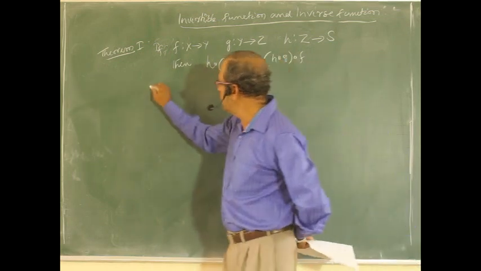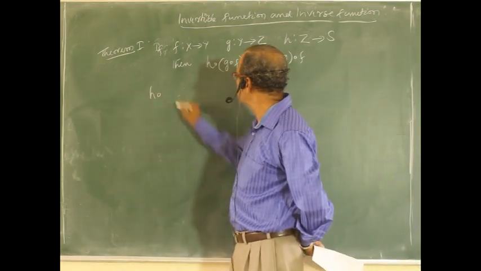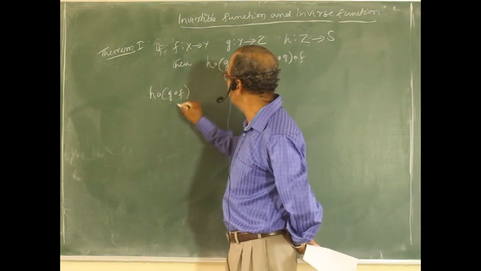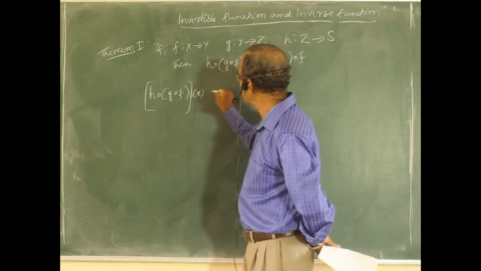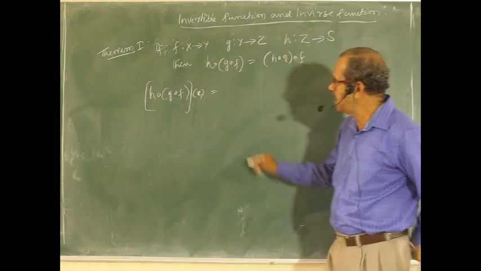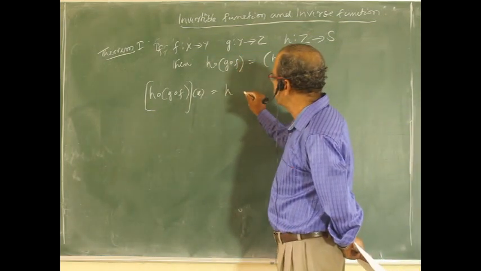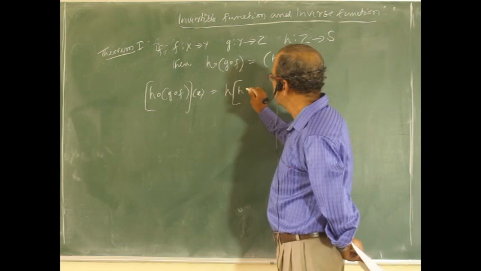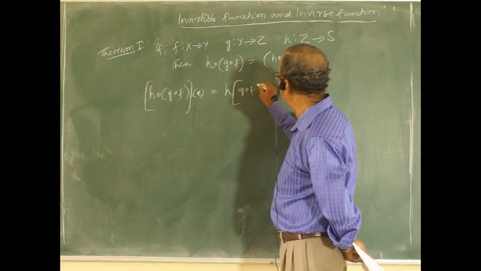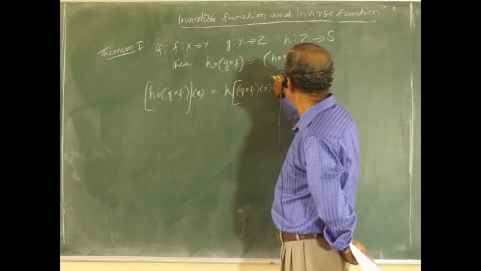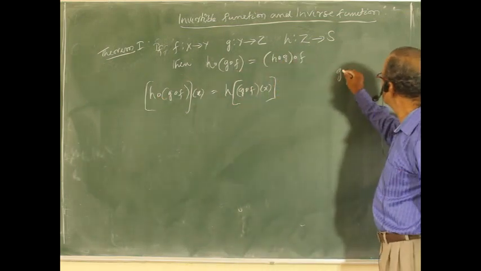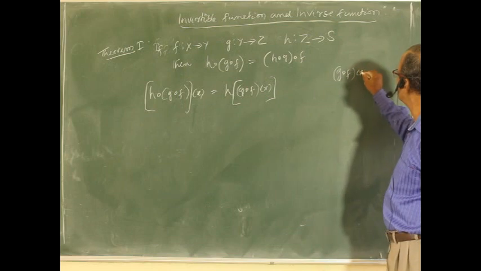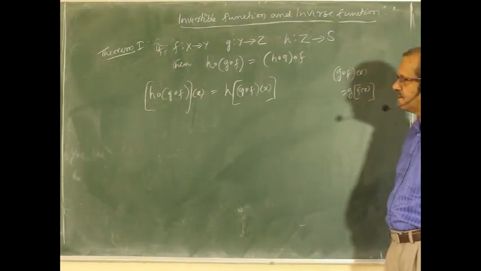Let me take H composite G composite F of x. That means H of G composite F of x. Removing the composite sign, G composite F of x means G of F of x, that you know by definition.